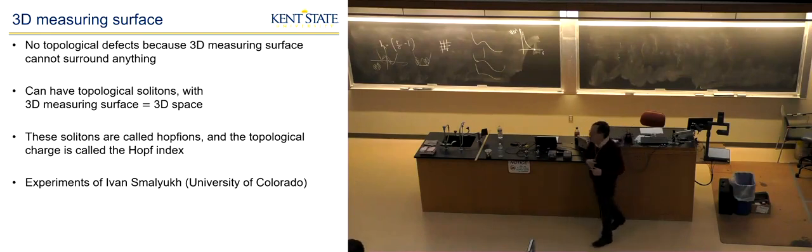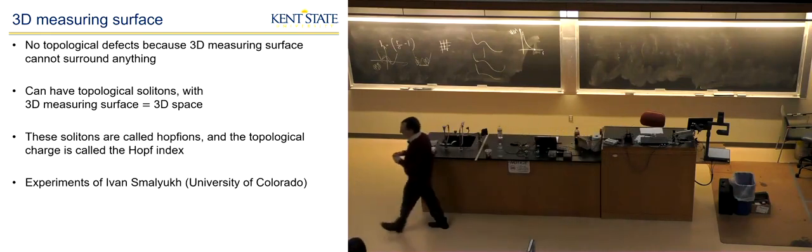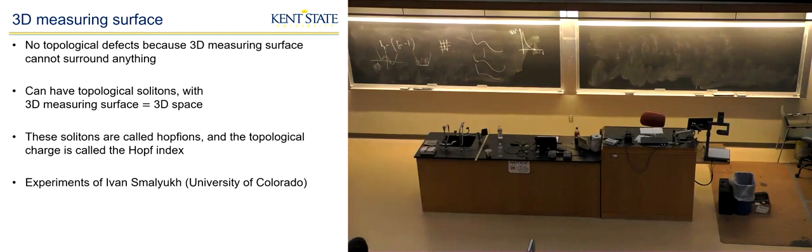A question, please. With these 3D defects, do they still add up the way that the 2D defects did? Because the sign is ambiguous, the addition gets messed up. Yes, that's an excellent point.